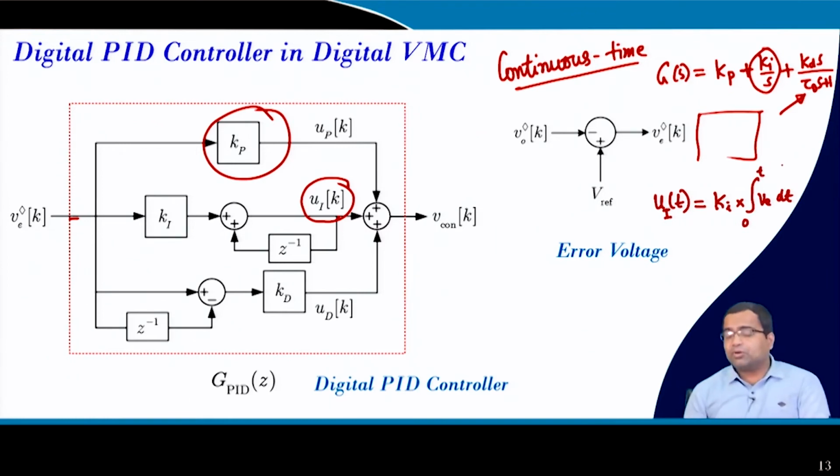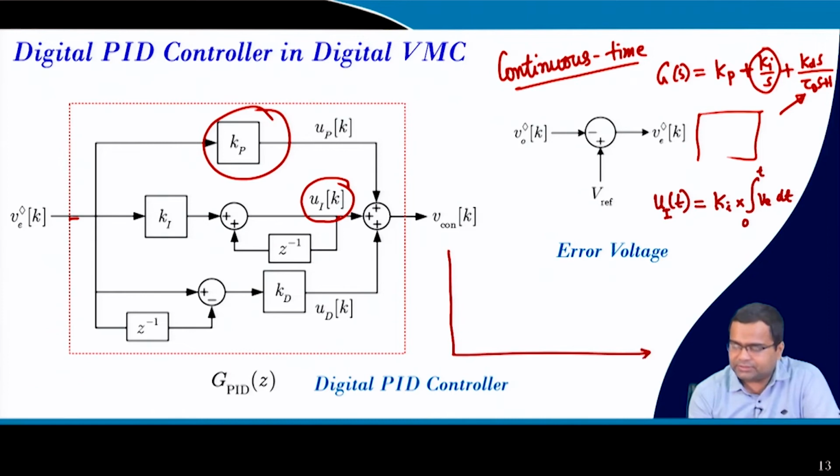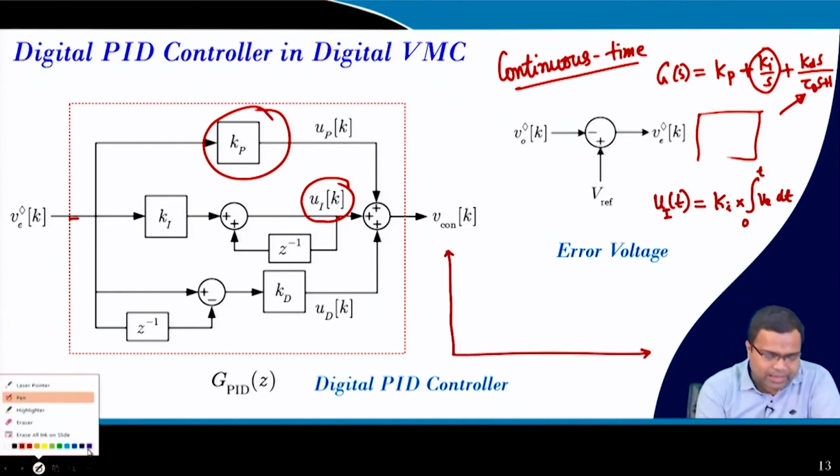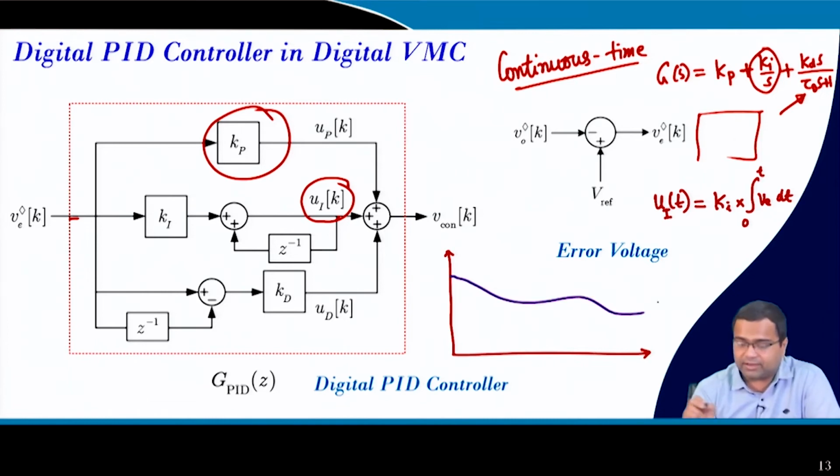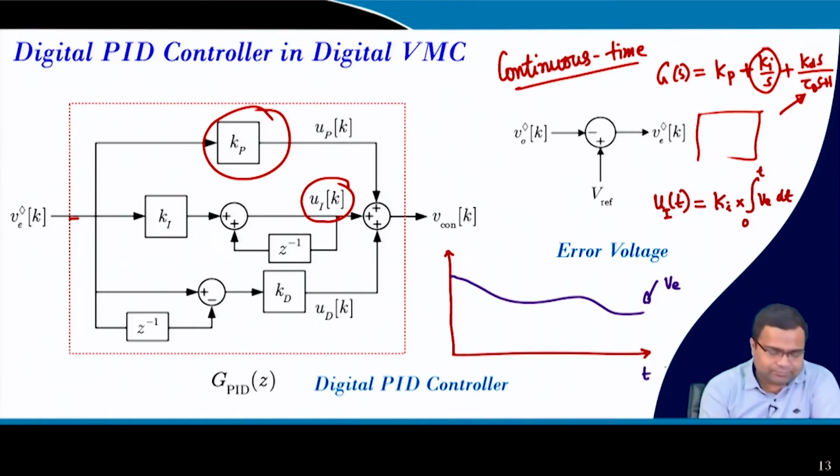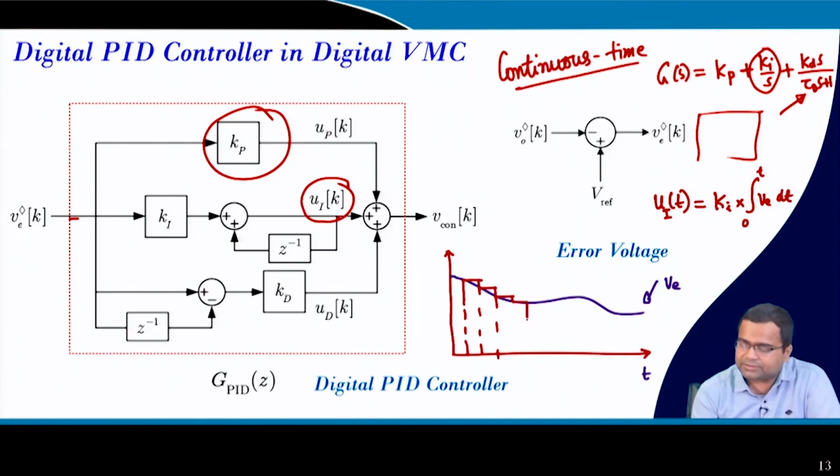Now, if we draw the error voltage, suppose we have this kind of error voltage profile. This is time. We are talking about different samples, like we are sampling here, and here. So, only these samples are available, we do not have full access to the signal.